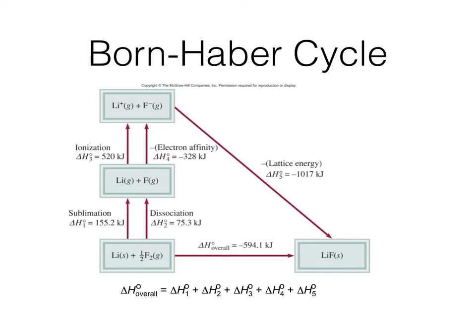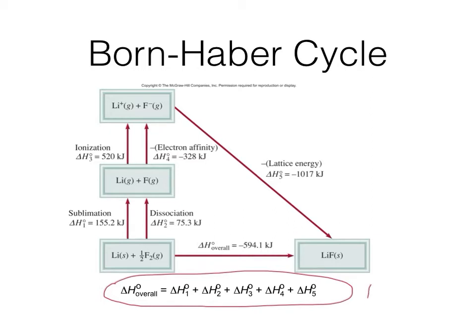Give me a couple of seconds for this. This is the slide. This is the key. This is the Born-Haber cycle, okay? So the Born-Haber cycle is a pictorial diagram of, well, let's take a look at the bottom here. Delta H overall is delta H1 plus delta H2 plus delta H3 plus delta H4 plus delta H5, which is another restating of what?